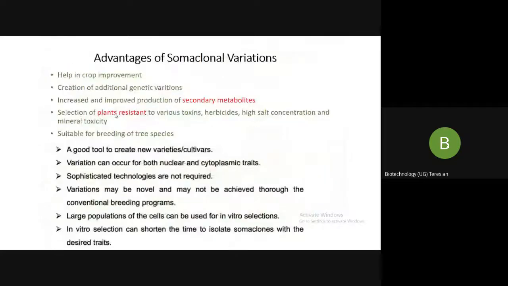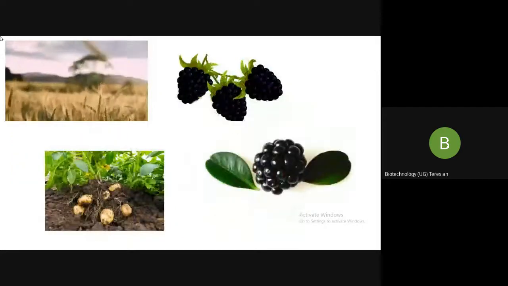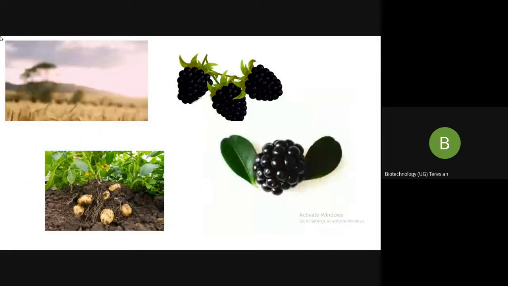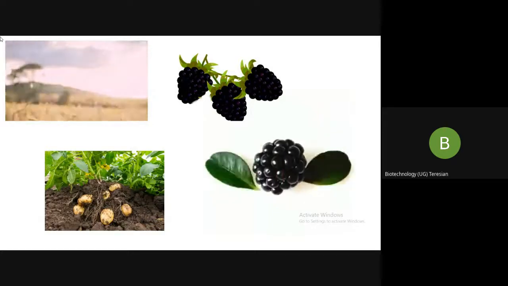Okay, so we saw the various advantages also. Like in India, we have seen a very big advantage in banana plant growth in tissue culture, especially. We have got many positive results using banana plants, and now we can see downy mildew resistance, the tomato which can withstand salt, and the blackberry, which is an exotic fruit not much found in India.